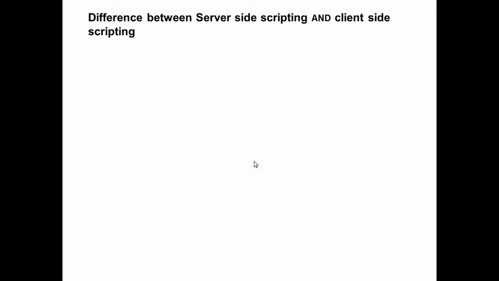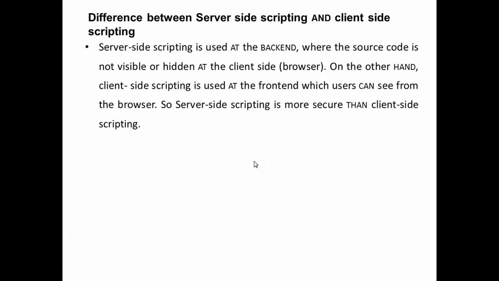What is the difference between server side scripting and client side scripting? Server side scripting is used at the backend, and the source code is not visible, or it may be hidden, at the client side. Whenever I browse a website, what is visible is for the one who is using it, that is the client. On the other hand, client side scripting is used at the front end, meaning the user can see it from the browser.